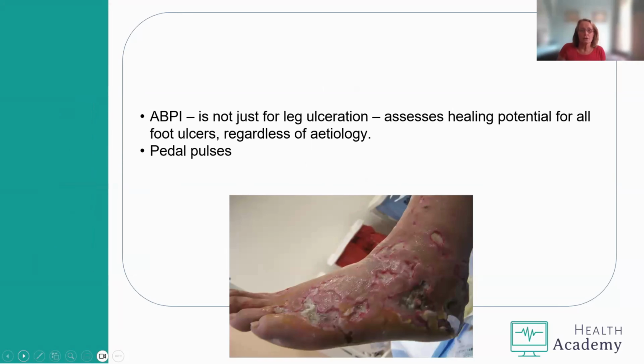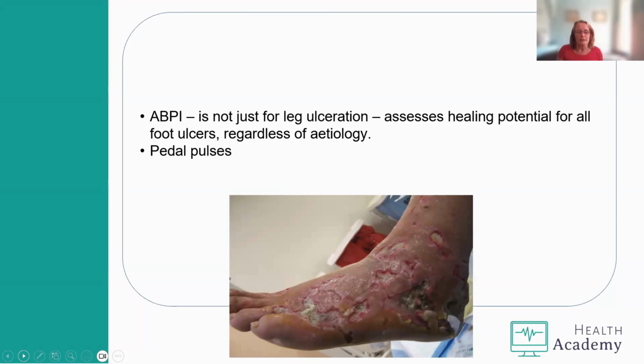Now, ABPIs are not just for leg ulceration. They're not just to decide whether you're going to put compression bandage on. We should be doing an ABPI to assess somebody's ability to heal a foot ulcer regardless of the etiology. Now, obviously, if you've got somebody with very low and symptoms of ischemia, you don't want to be putting a blood pressure cuff on and doing an ABPI because yeah.